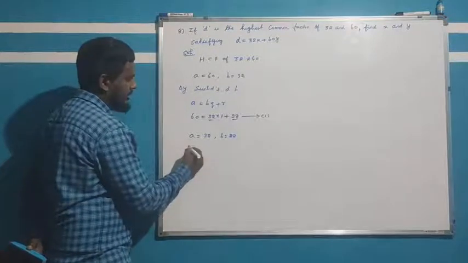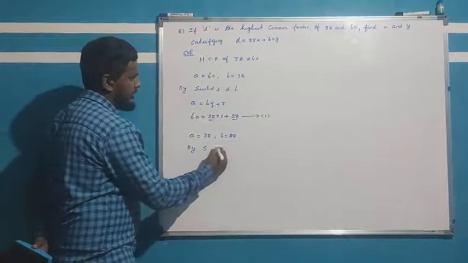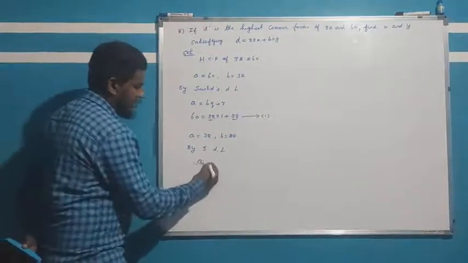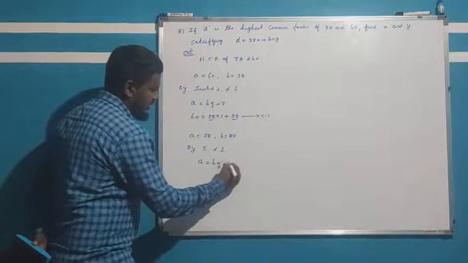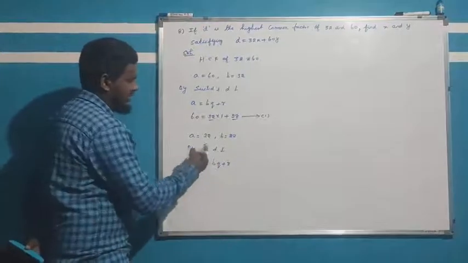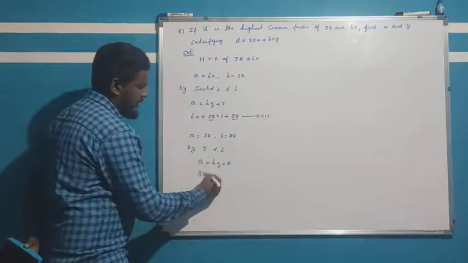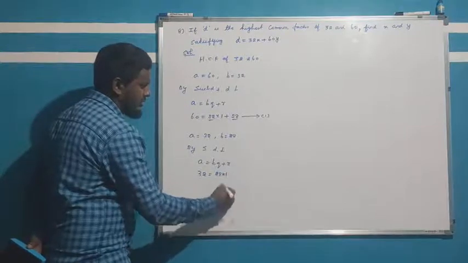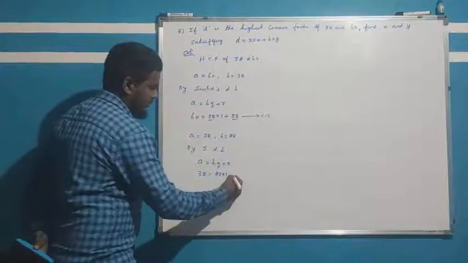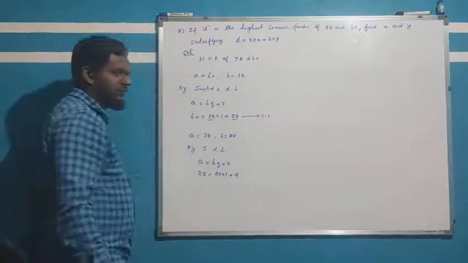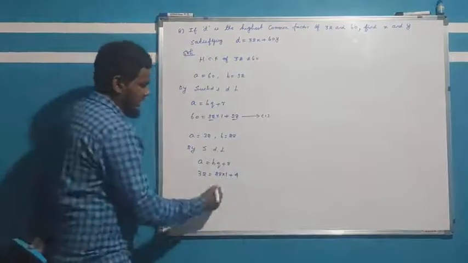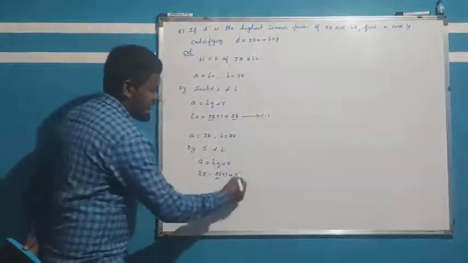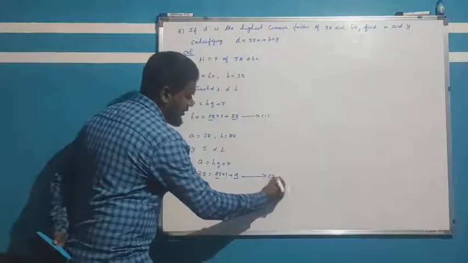By Euclid's division lemma, A is equal to BQ plus R. A is 32, B value is 28. How many times is it possible? One time. So the remainder is 4. These two values we will consider, and this is equation number 2.